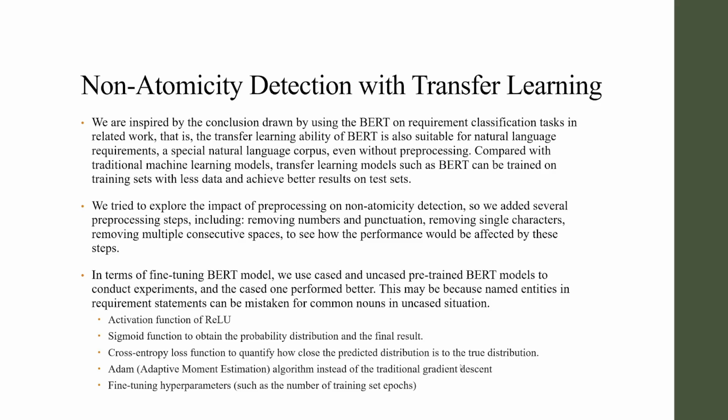For the optimization algorithm for updating the weights of each part in the neural network, we used the Adam algorithm instead of traditional gradient descent. While fine-tuning hyperparameters such as the number of training epochs, we followed the principle that more epochs can make the model get better results on the training set, but there is a risk of overfitting.